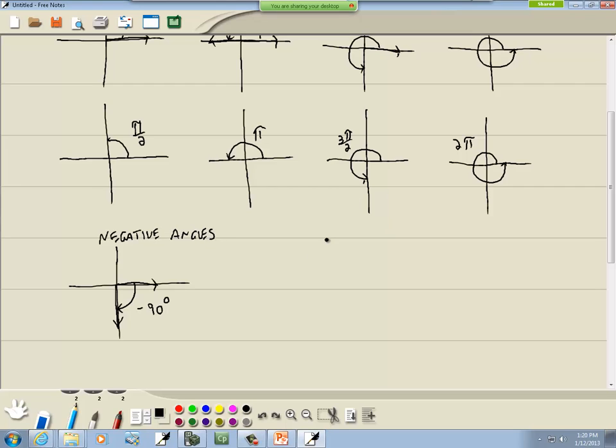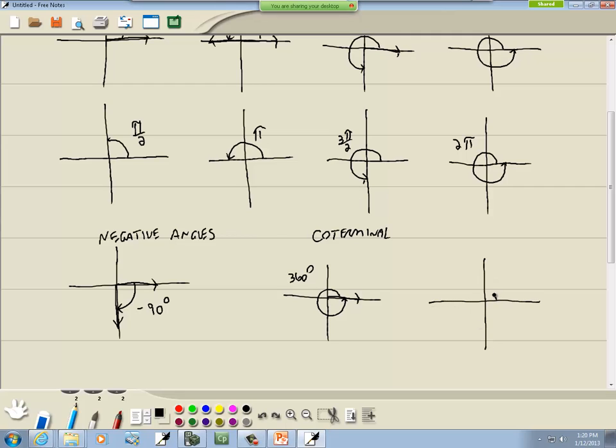You have some angles that are called coterminal. Means they have the same terminal side. Like this one here. If I start here, and I go all the way around to there, that's 360 degrees.